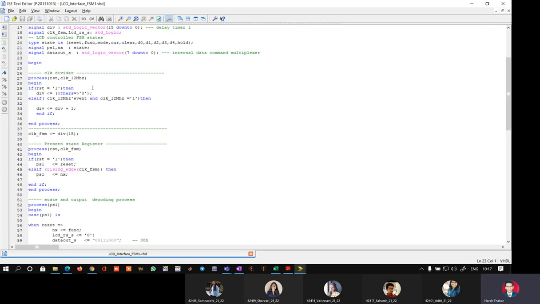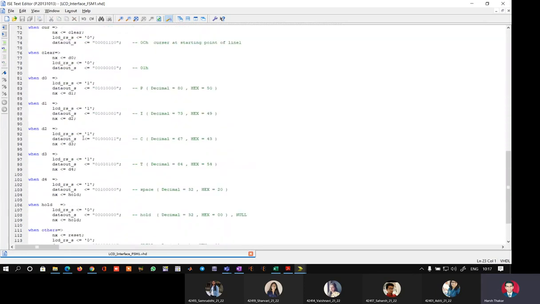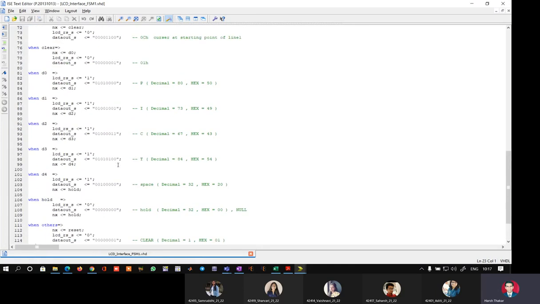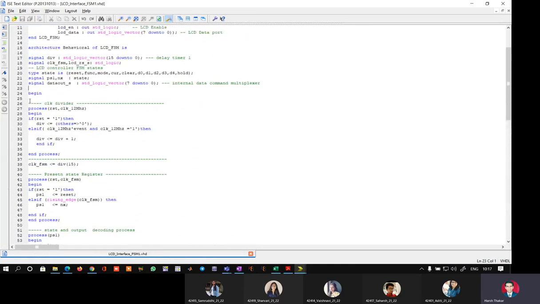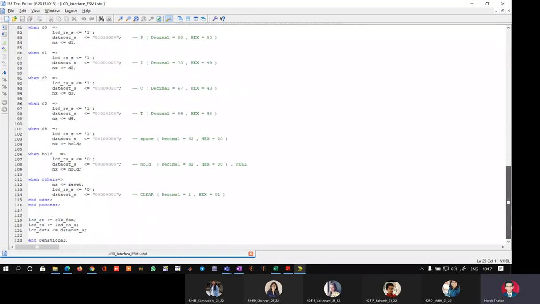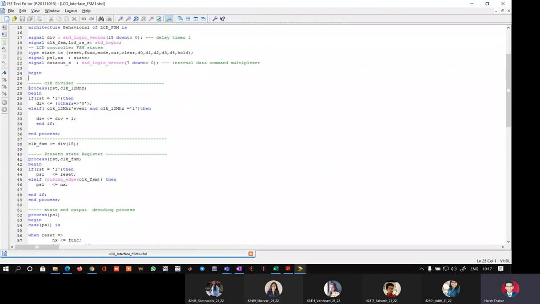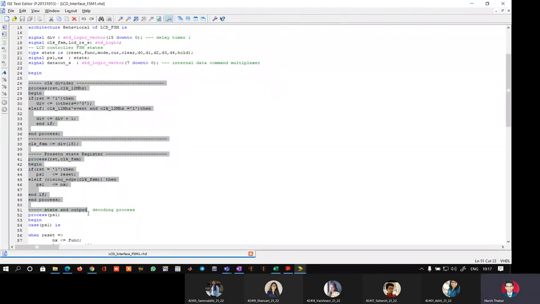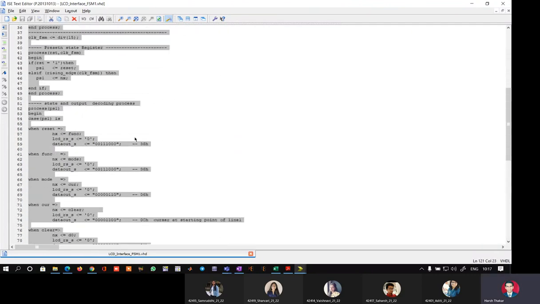Everything which is written after the architecture's begin and before end architecture is called the logic section. So the logic section starts after line number 24 and goes before line number 123. Everything from line number 26 to line number 121 is the logic section of the architecture body.